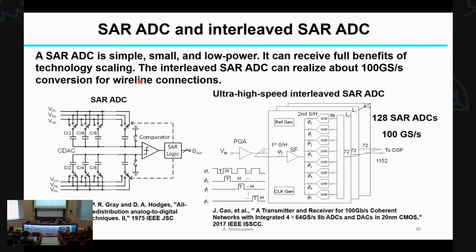Each unit ADC is very small and very simple. And the unit ADC is simple, small, and low power. Also important, it can receive the full benefit of technology scaling. The interleaved unit ADC can realize about 100 gigasamples per second for wireless and wire communication.